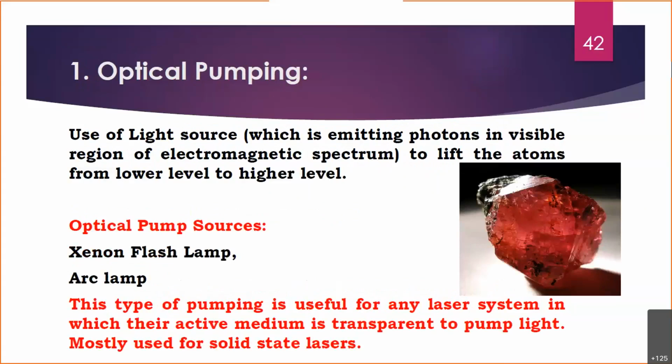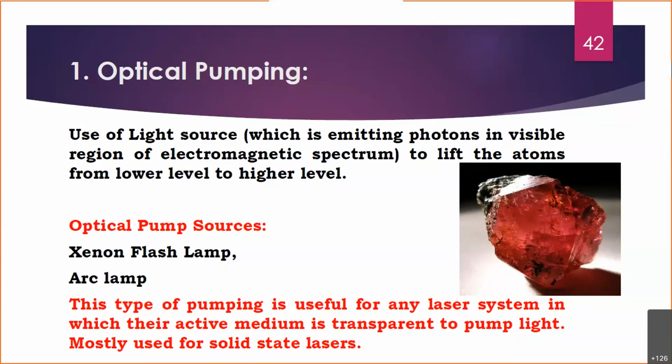Optical pumping. This is a type of pumping mechanism. Again from the name, it is very clear. Optical pumping means some optical source we are using to pump the lower level particles to the upper level. Whenever I say optical source or optical pumping, we are talking about a light source.